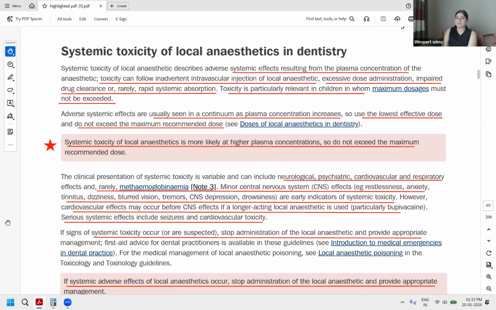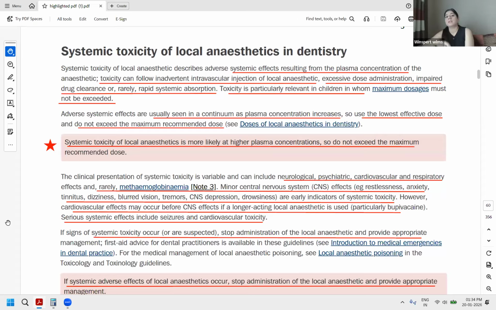Now, the systemic toxicity signs: when the anesthesia is accidentally injected into a blood vessel, an intravascular injection. So definitely within the circulation, immediately there is an excessive dose. And sometimes because of overdose also you can do this.